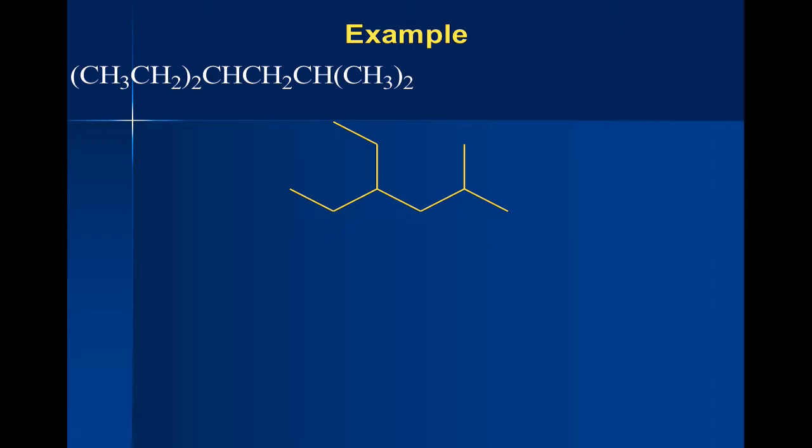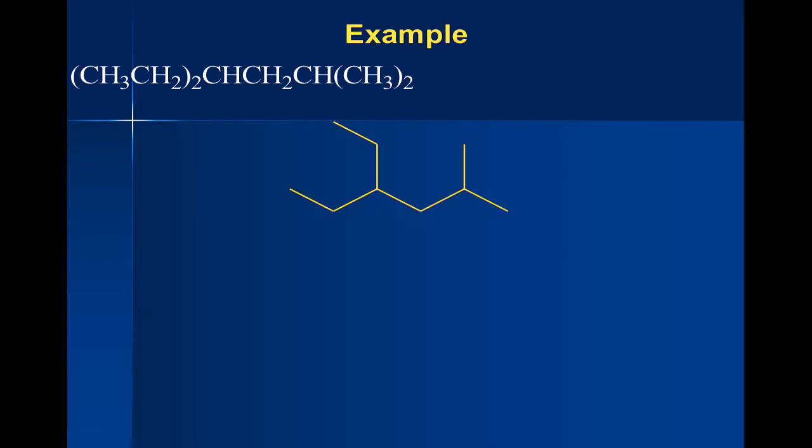What's the first thing that I need to do to name it? I need to find the longest continuous chain. What is it? Six carbons. Or you could have gone the other way, which would have been the same chain.